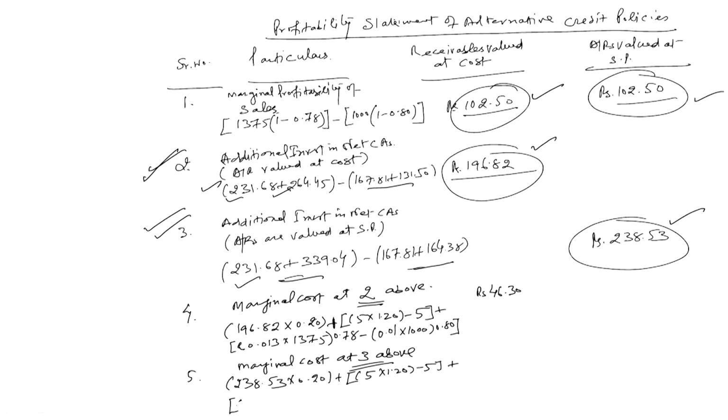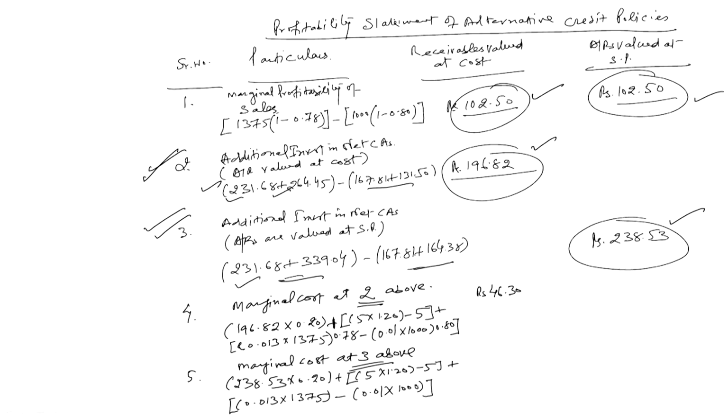Bad debt losses will be 0.013, that is 1.3% of 1375, minus the existing level, 1% of 1000. So, this is going to be the bad debt losses, which we also have to factor in.